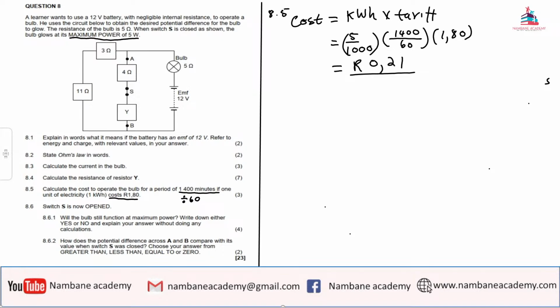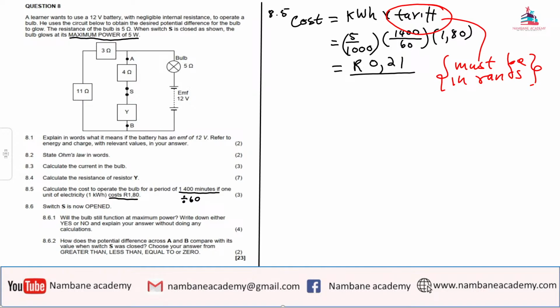Let me emphasize it by saying, remember, if you are given this tariff in cents, you must also convert this tariff to rands, because you cannot go to your house and say, I want to buy electricity of 21 cents. It is always in rands. So it must be in rand. That is a must.